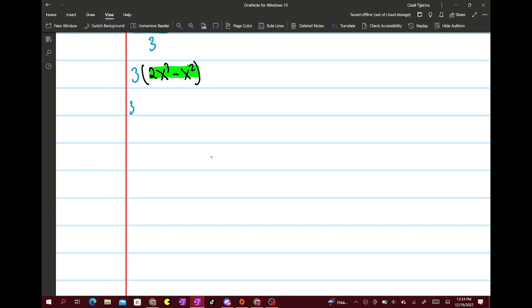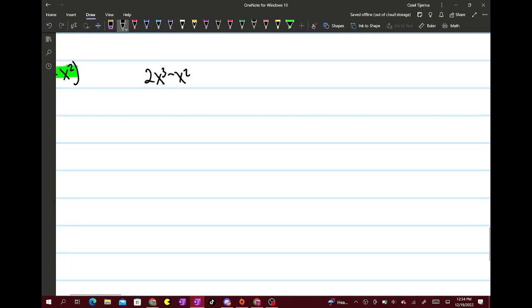And then within the x cubed, the 2x cubed minus x squared, if we look at that separately, we can literally factor out an x squared, right? So this would be x squared times 2x minus 1.